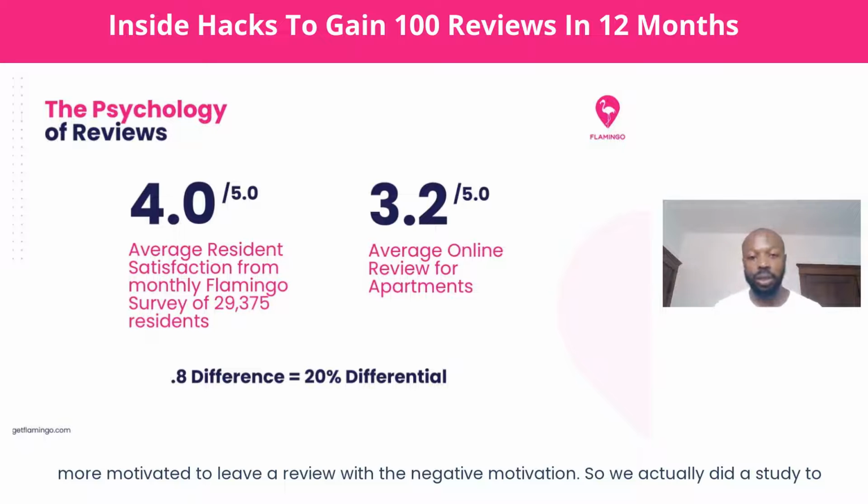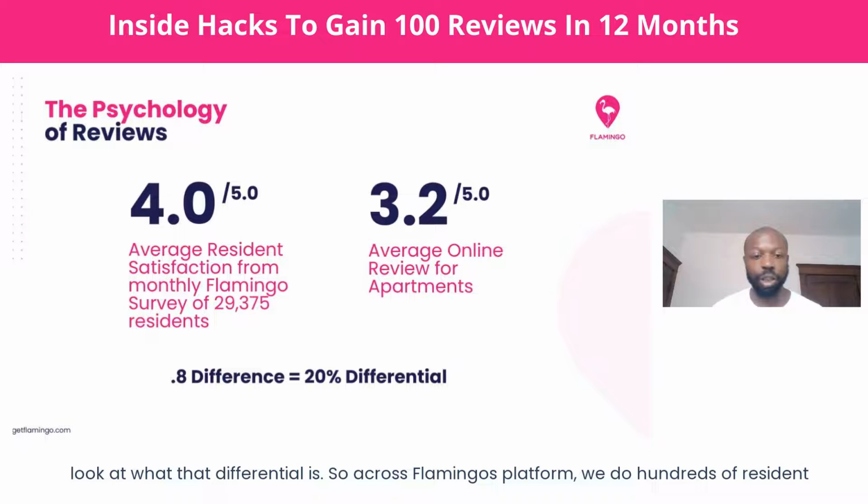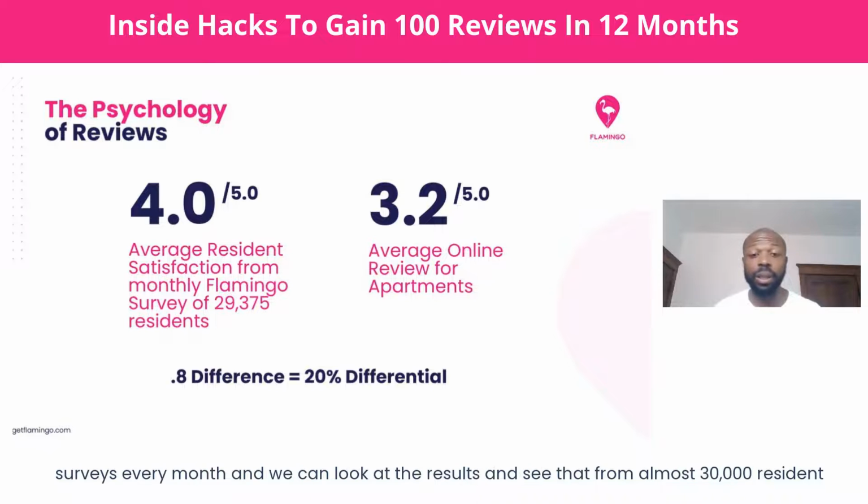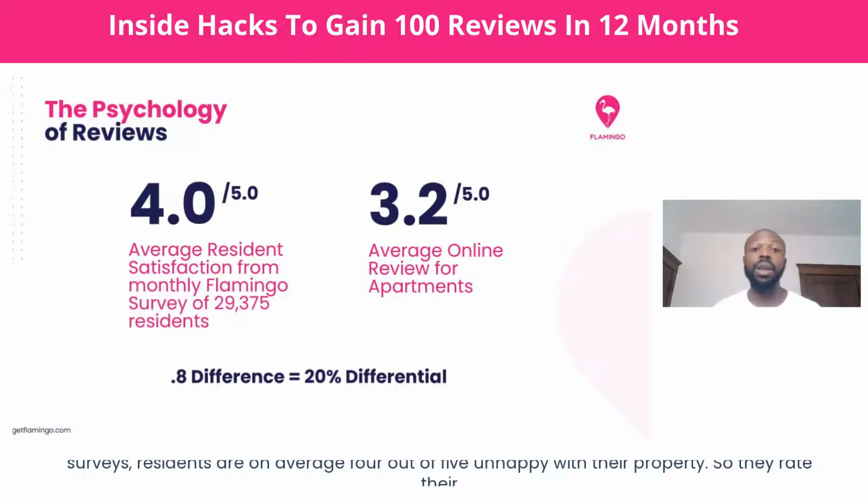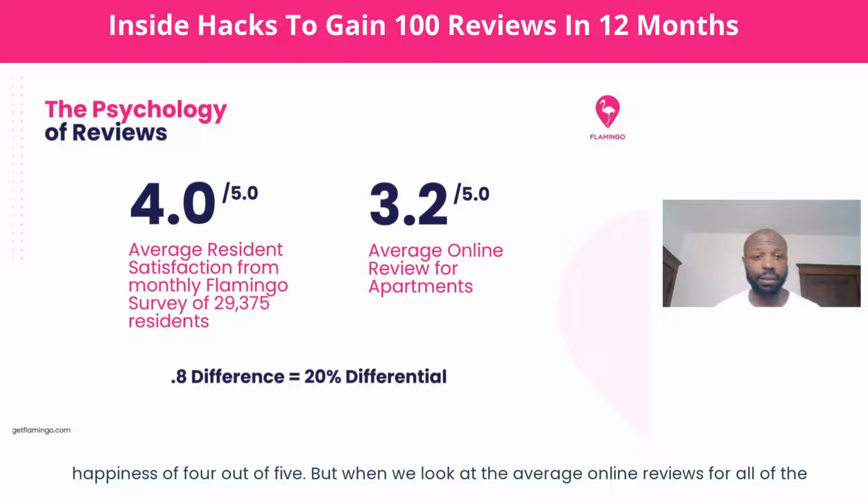So we actually did a study to look at what that differential is. Across Flamingo's platform, we do hundreds of resident surveys every month, and we can look at the results and see that from almost 30,000 resident surveys, residents are on average 4 out of 5 happy with their property. So they rate their happiness a 4 out of 5.